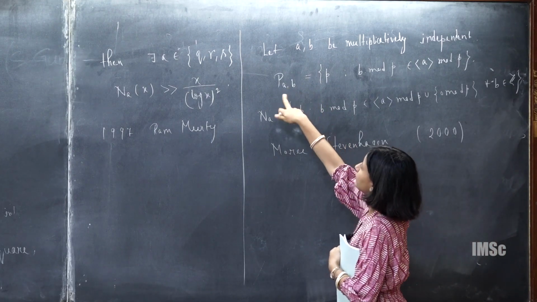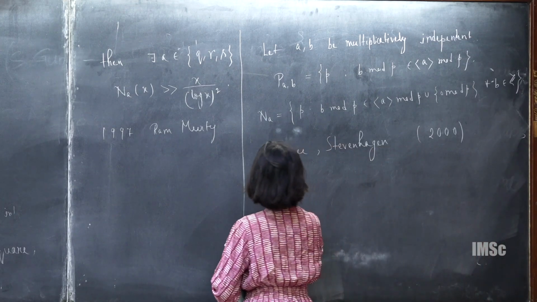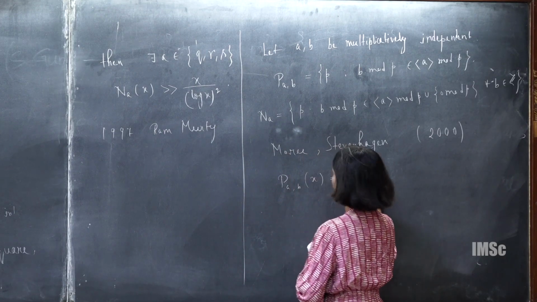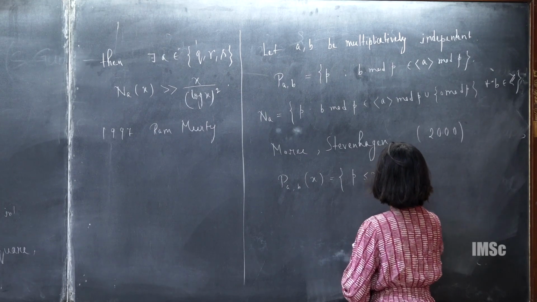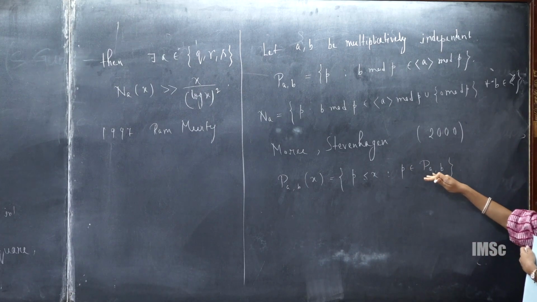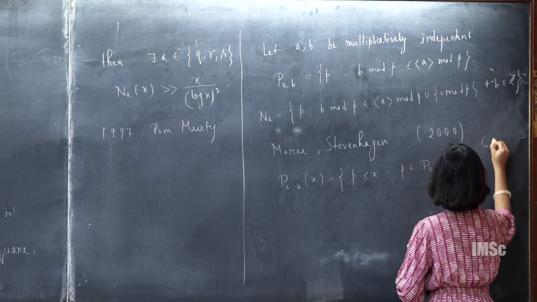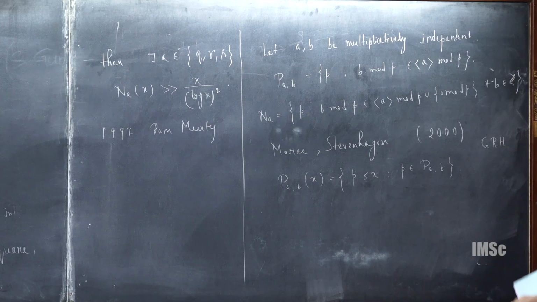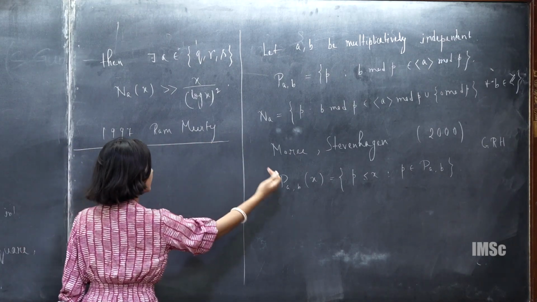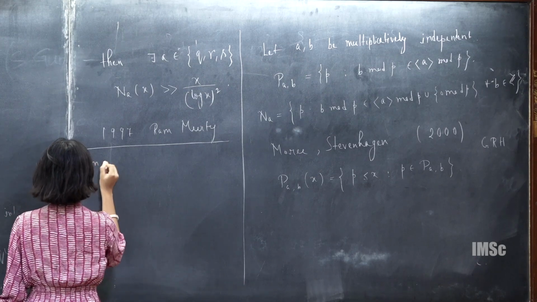The infinitude of the set P_{A,B} follows from a result of Pólya. But Moree and Stevenhagen proved that if I write P_{A,B}(x) as those primes p belonging to P_{A,B} up to x, then they also have positive density, but this was under GRH for certain Dedekind zeta functions. The first unconditional result for the lower bound of P_{A,B} was proved by Ramurthy, Sgoe and Stewart.